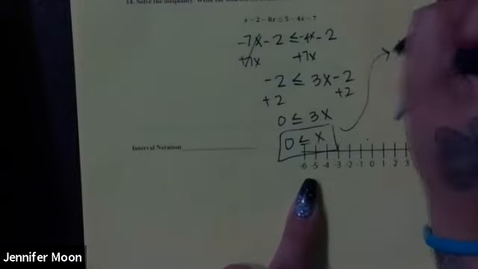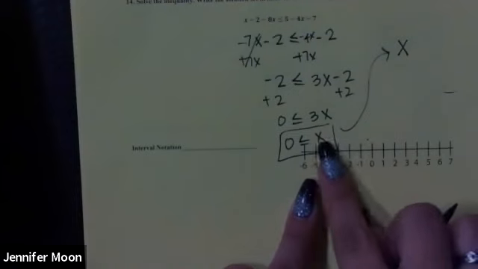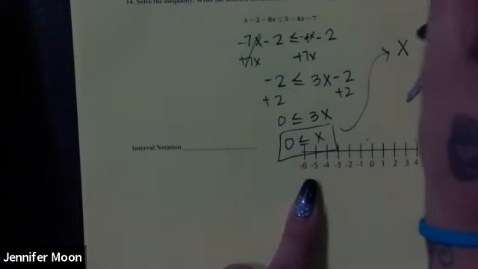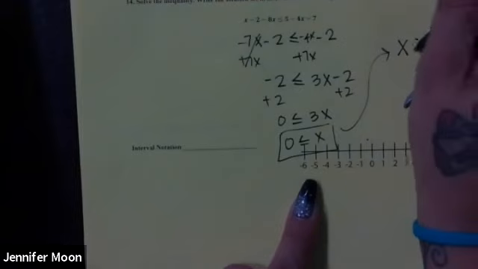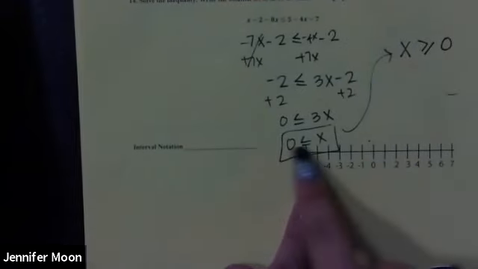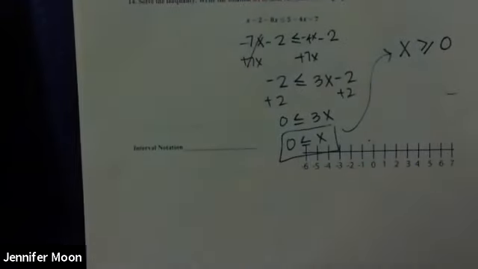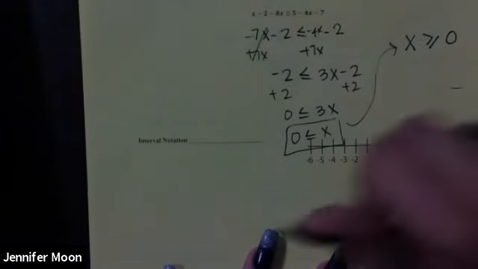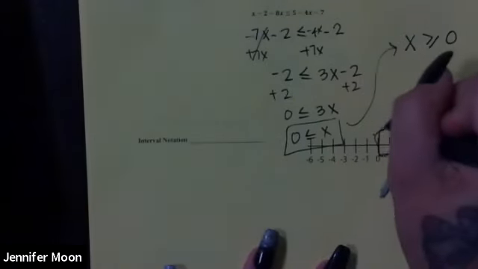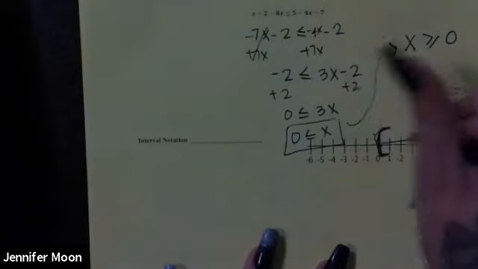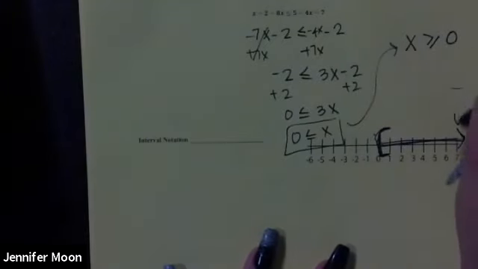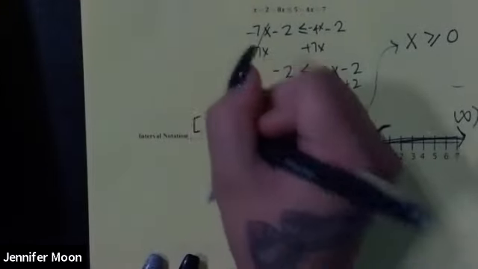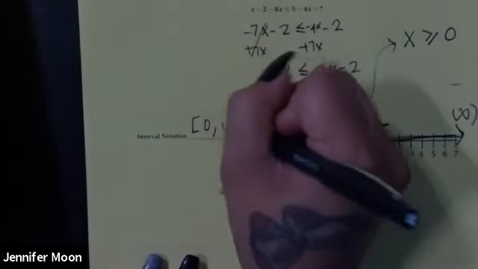So if you do your x first, it goes x greater than or equal to 0. When you have it written this way, because it's not an equal sign, it will be read differently. X is greater than or equal to 0. Greater than's to the right. On my value 0. It did not tell me to stop. So that goes to positive infinity. Reading it like a book, I get bracket 0, comma, infinity, parenthesis.